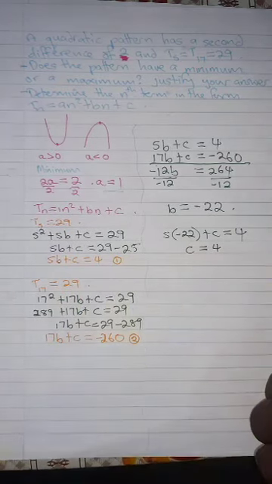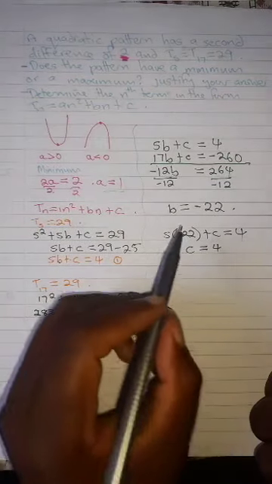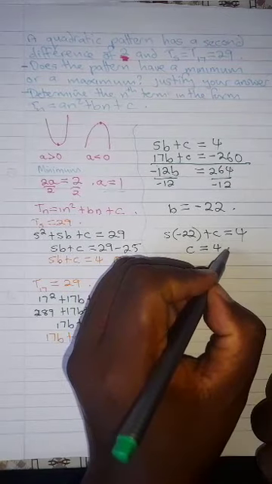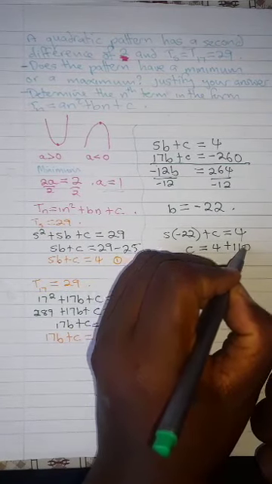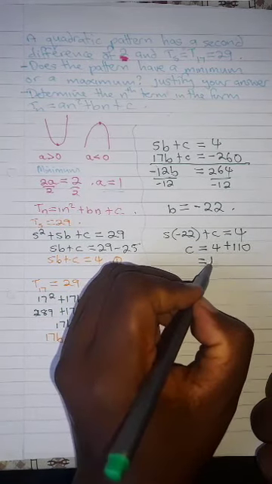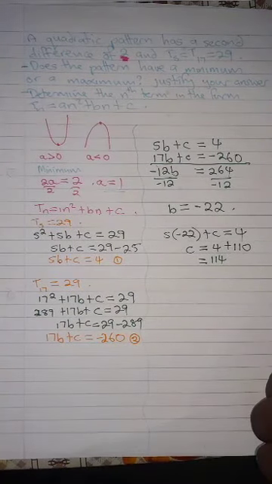This becomes negative 100, and that becomes negative 110. So it will be 4 plus 110, and that's your c, equal to 114. These are the values that we have.